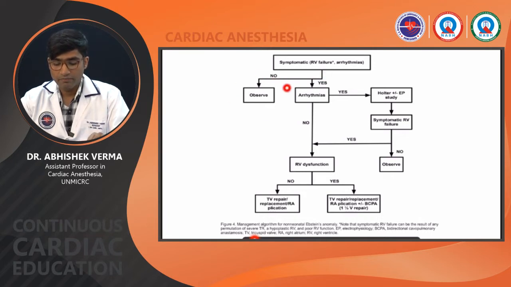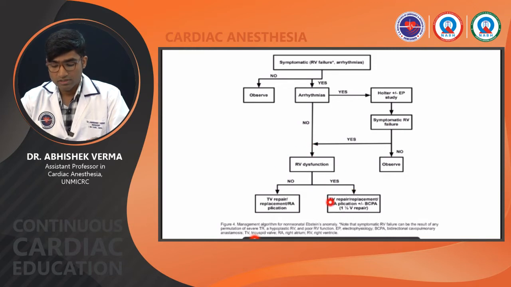If there is only arrhythmia, then we do Holter monitoring and EP studies, and if that is the cause of symptoms, then we have to manage the arrhythmia. And then if we manage the arrhythmia and also see the RV condition, if it is in failure and the symptom is due to the RV, then what do we do?